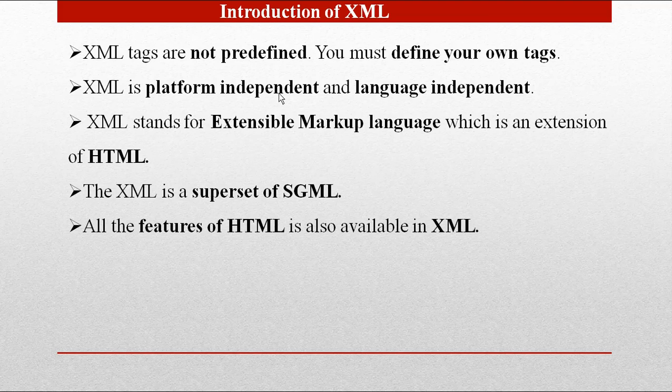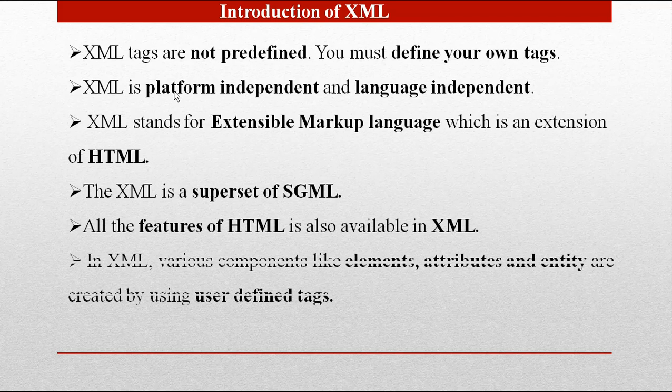So it is a superset of HTML, and all the features of HTML are also available in XML. This is also an important feature of XML, that all the features of HTML are included in XML because it is the extension of HTML.